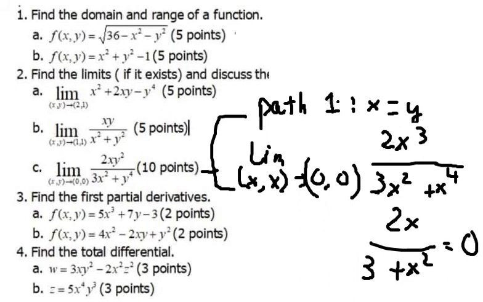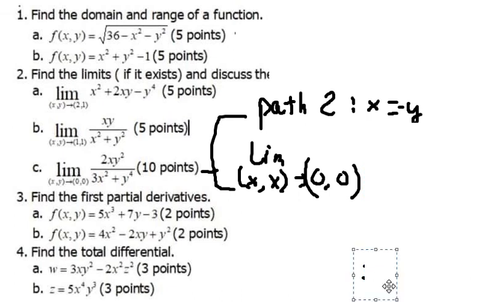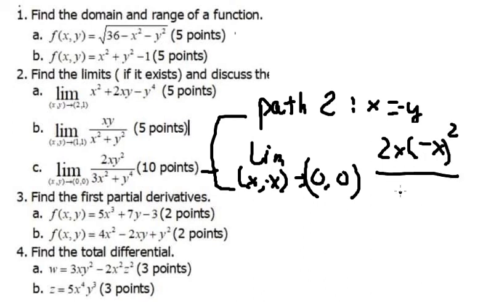We do similar for x equal to negative y. So we change for x equal to negative y, so y will become negative x, and we have 2x negative x squared over 3x squared negative x to the power of 4.